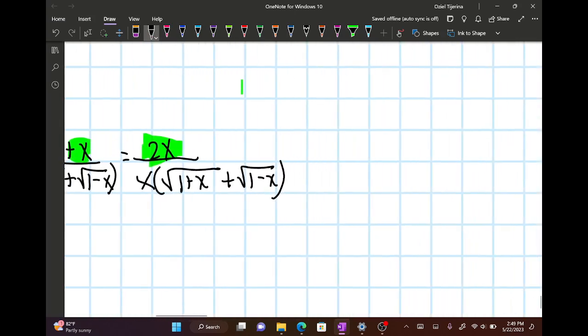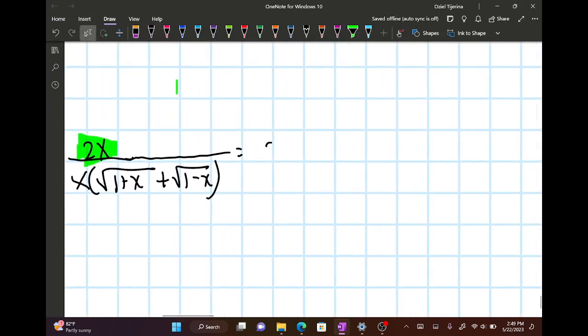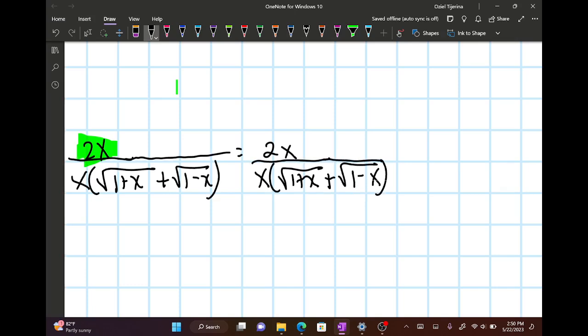Now look at the top. Obviously there's something that cancels out there. If you really look closely, it's the x that cancels out. So of course, this and this are going to cancel out.